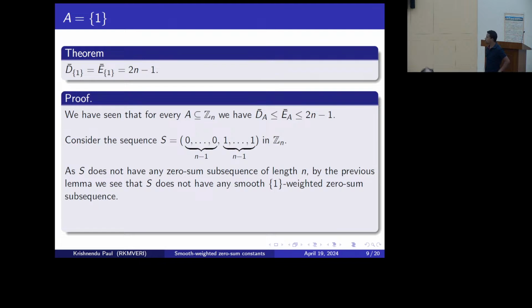The 0 weighted sum is 0 obviously, but the problem will be in the second condition, that the sum of weights is 0. Here the weight is 1, so that is not possible. Okay, so this proves the lower bound n minus 1.